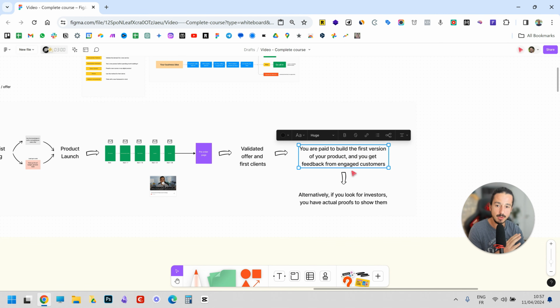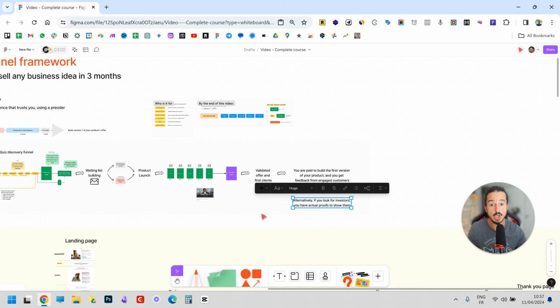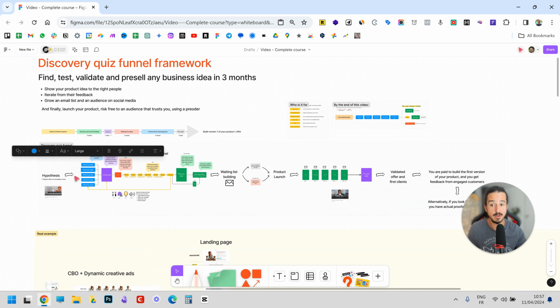Another thing, a lot of people talk about having capital or investors to start a business. I'm more the bootstrap kind of guy. But at this point, when you have your first clients, this is the moment you want to look for investors. You don't want to look for investors when you have only a business idea.